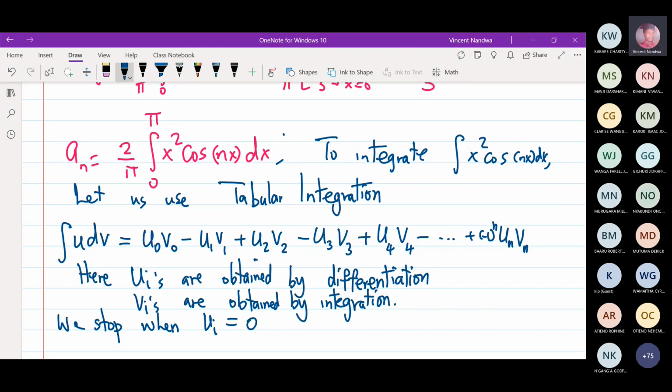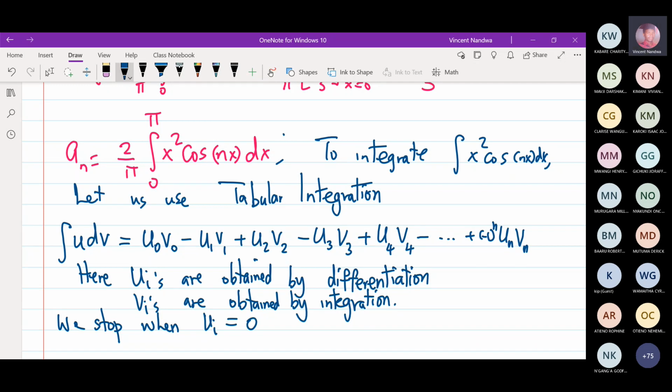The way we obtain the first values, the u naught and v naught, is the first step of integration by parts in the usual way. So you have to identify your u, and you have to identify your dv. So that first step in the integration by parts, what you will call u, we give it the name u naught.